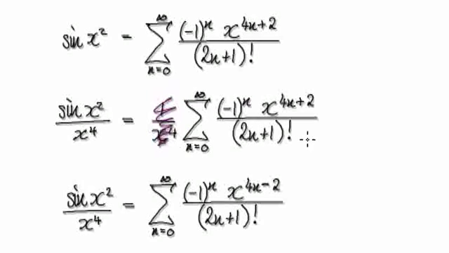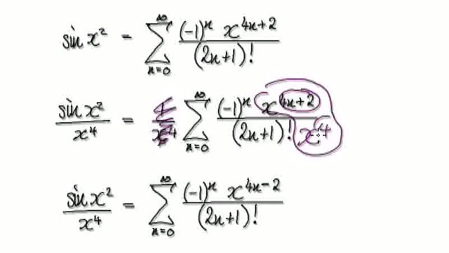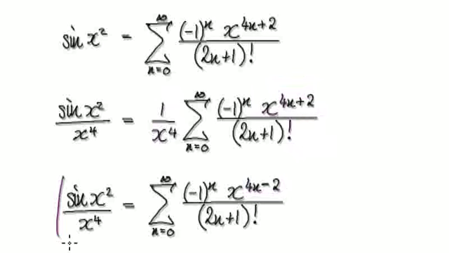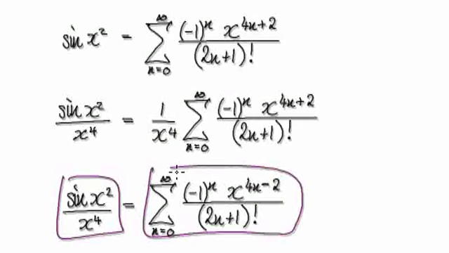So it will become this x to the power 4, and then it would simply be this take away this. So here you've got 4n plus 2 take away 4. That would be 4n minus 2. Well, this whole thing here equals this.